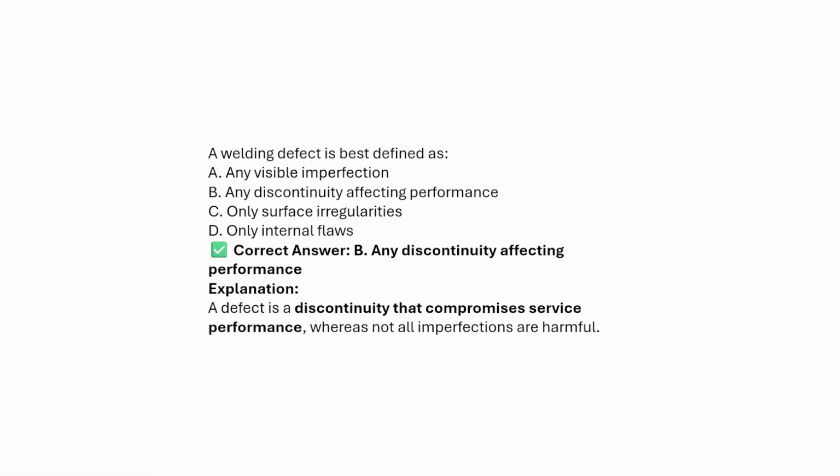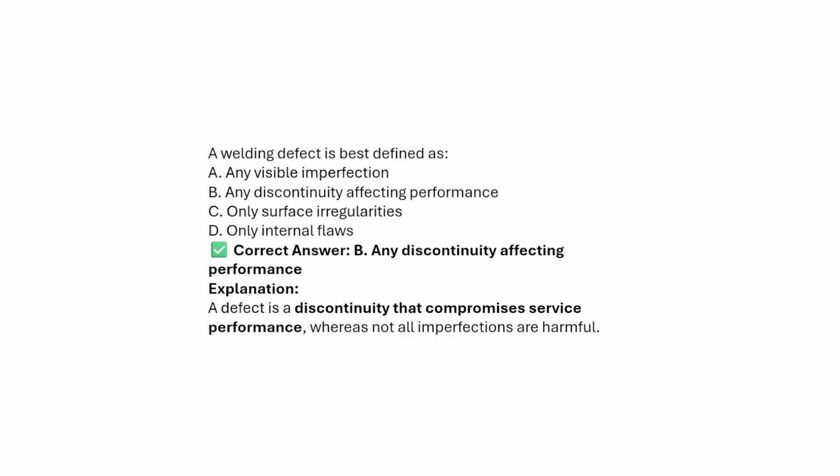A welding defect is best defined as: option A, any visible imperfection; option B, any discontinuity affecting performance; option C, only surface irregularities; option D, only internal flaws. So the correct answer will be option B, any discontinuity affecting performance.